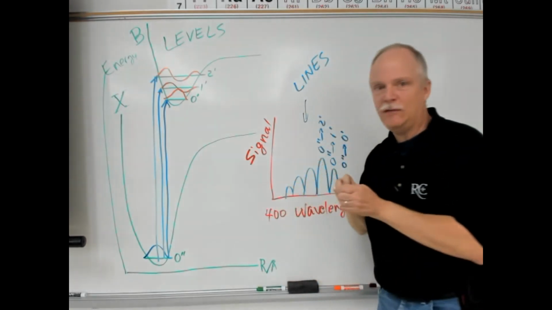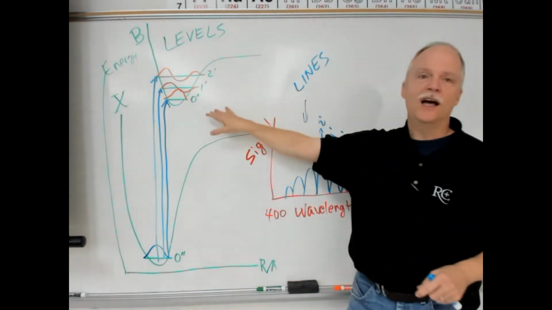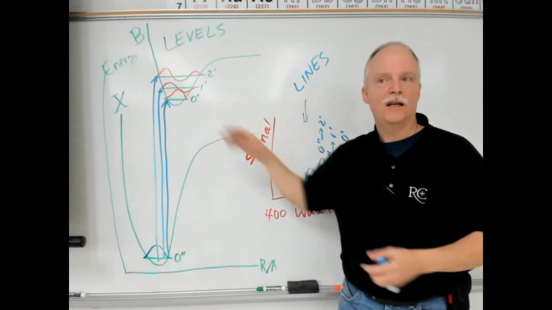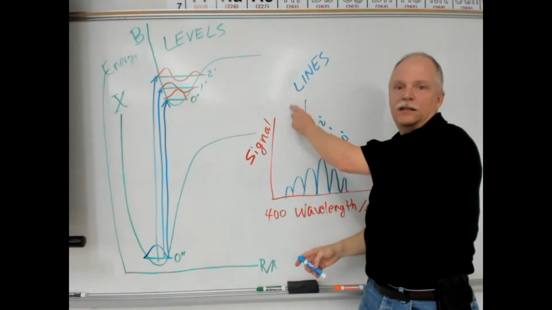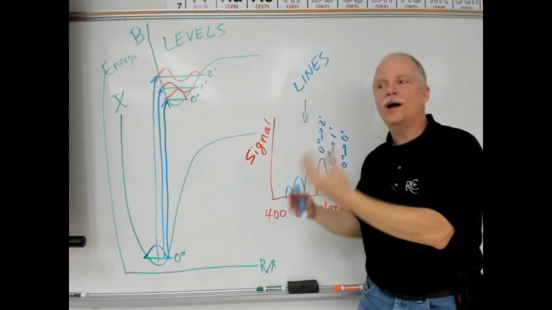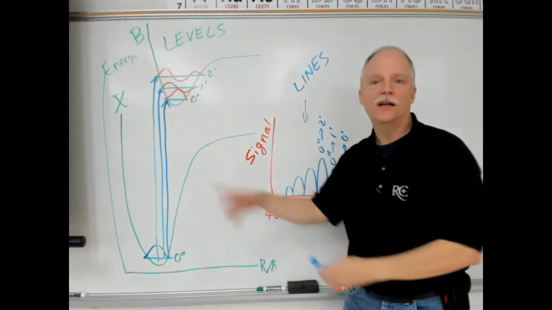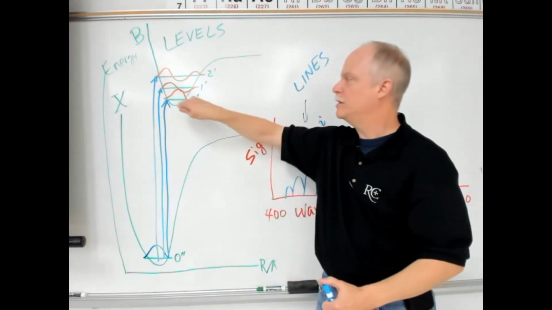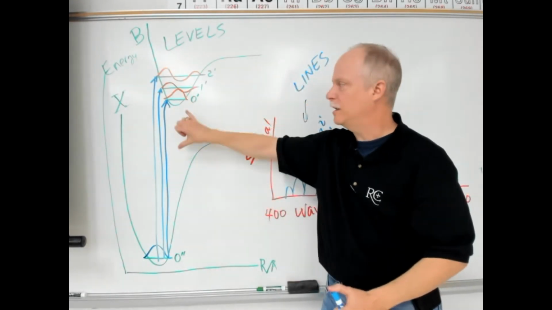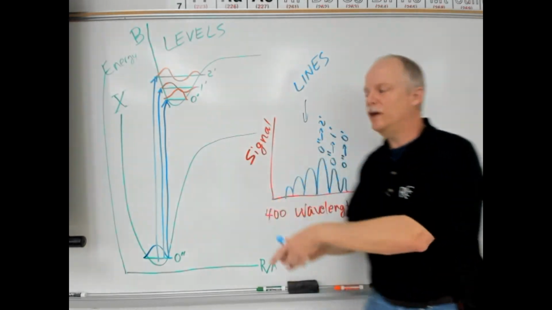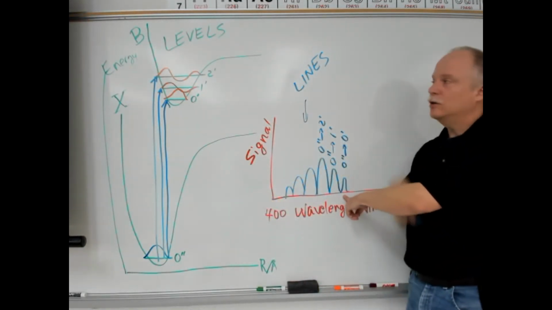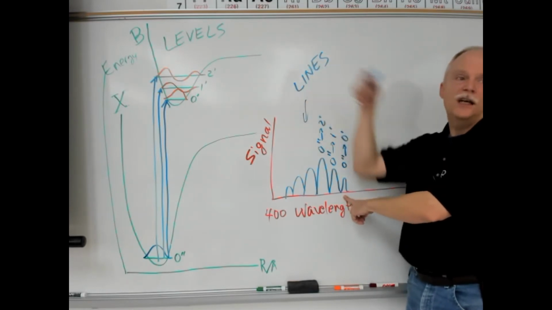So this has been a theme through the whole course, that the energy level diagram we really can't see. We do see the spectral lines, and the spectral lines are always differences in the energy levels. So we have 0 double prime to 0 prime. That's a difference, and the length of that arrow converted to wavelength is right here. So the spectral lines are differences in energy levels.